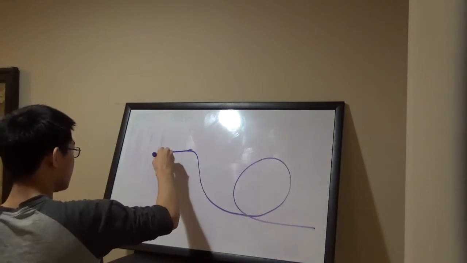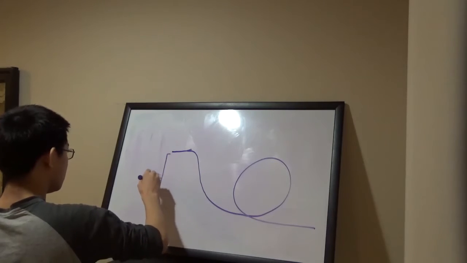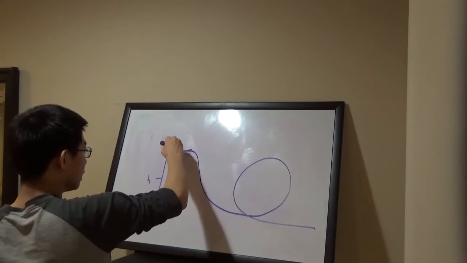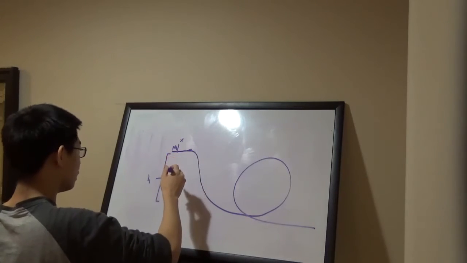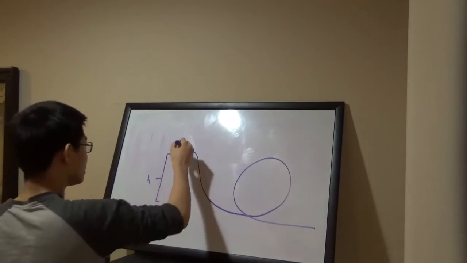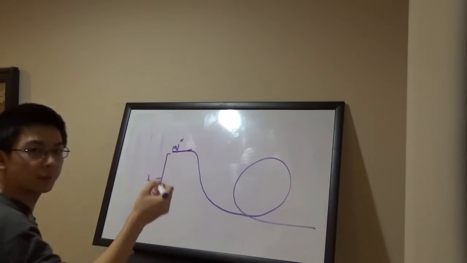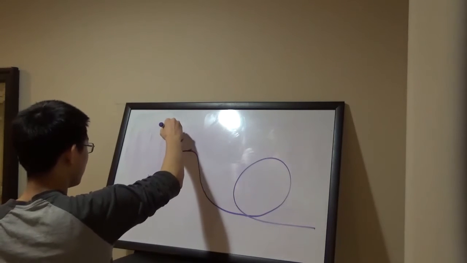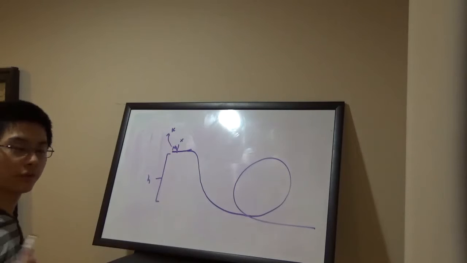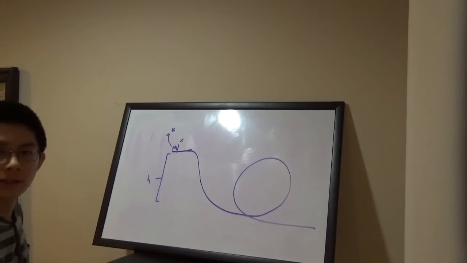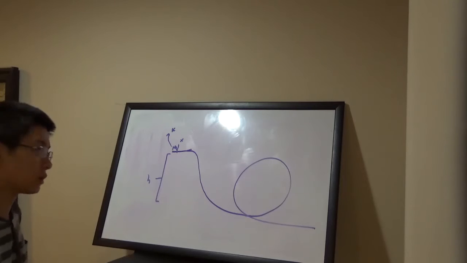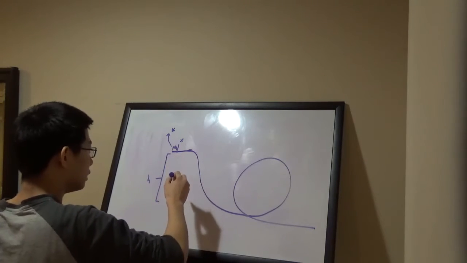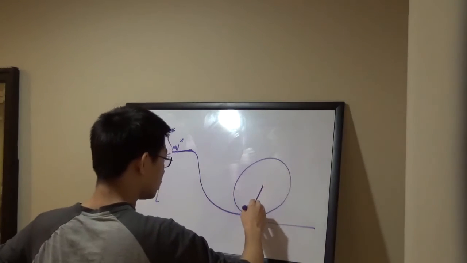Let's say we know this height is h, and there's a spring here, compressed x meters. The spring has spring constant k, and it's a Hookean spring, so it follows Hooke's law.